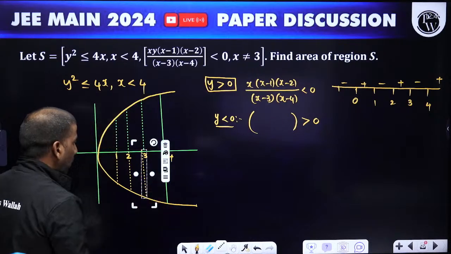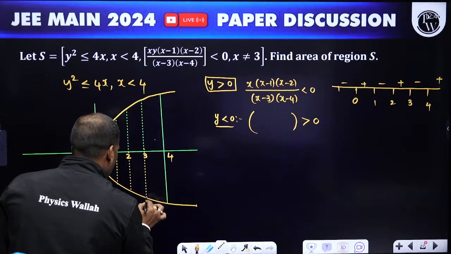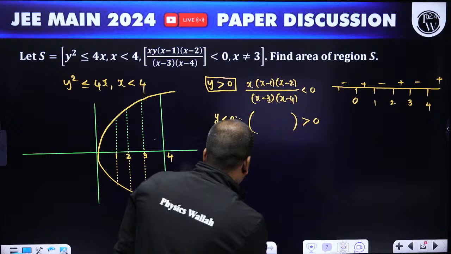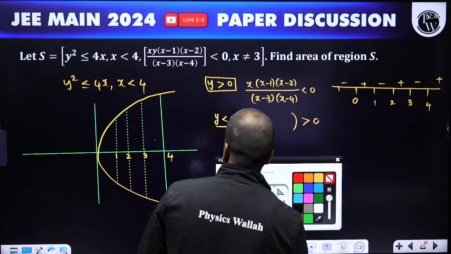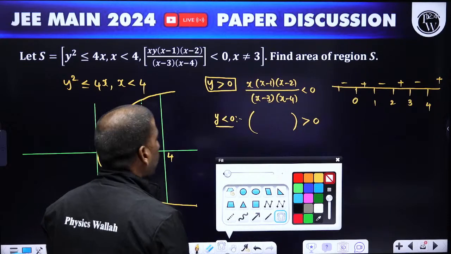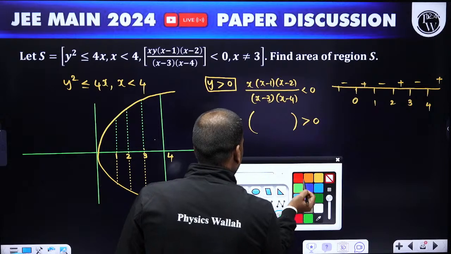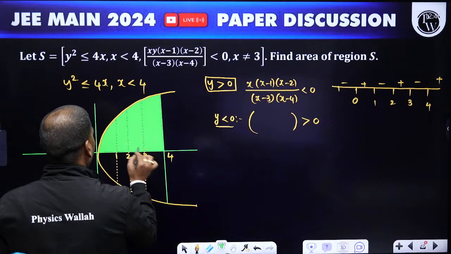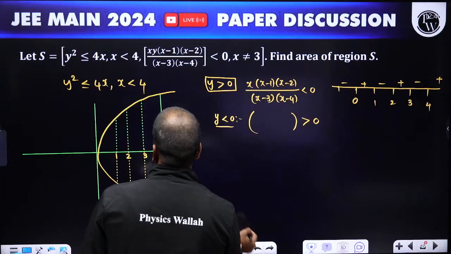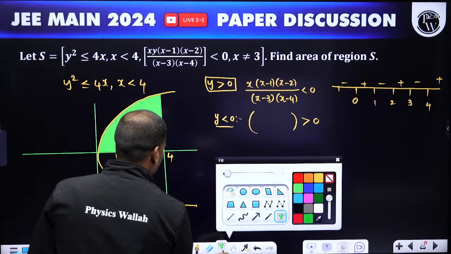Right? So this is what it is. In first part, what we have? 1 to 2, negative value, 1 to 2. So let us keep this line. So complete it is coming out.